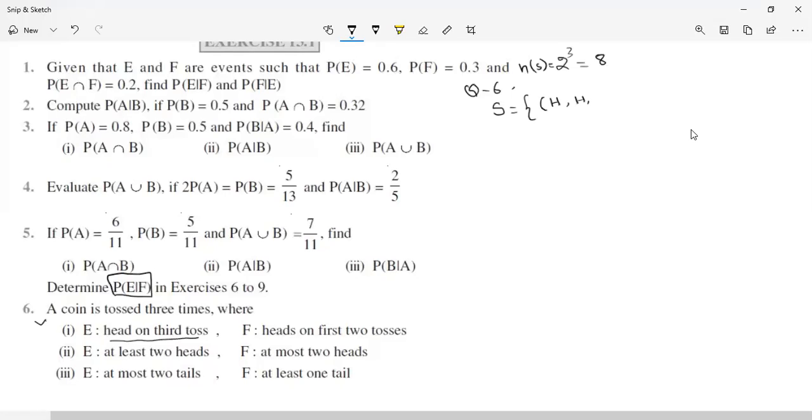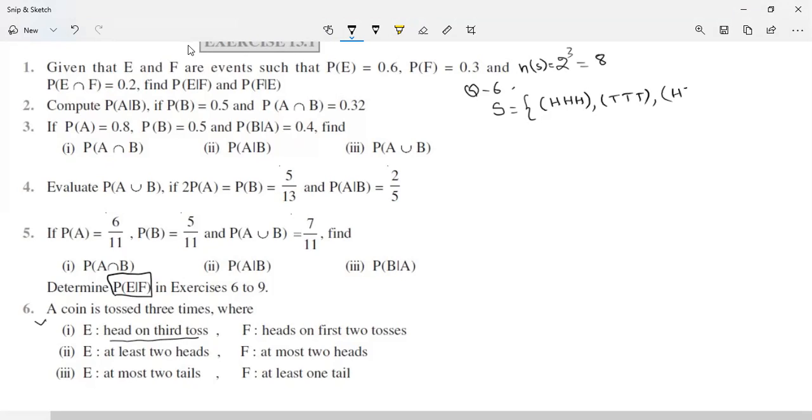So head, head, head. First we will write HHH, and do not write commas between them, because this is the first event where head, head, head can occur. Second event, we are taking tail, tail, tail. Now one head, 2 tails. How many times can it occur?